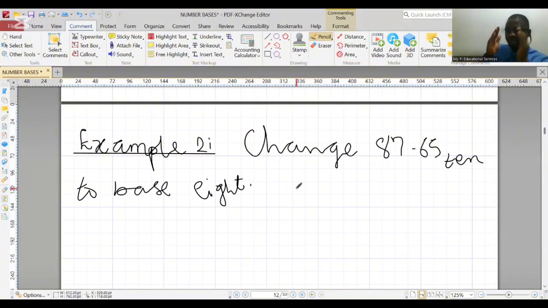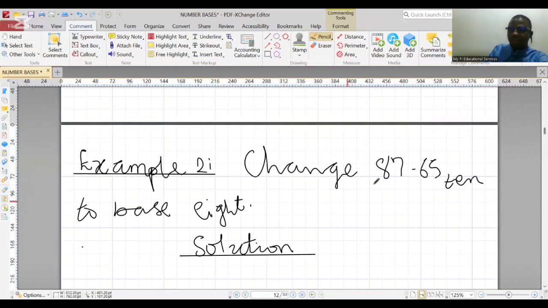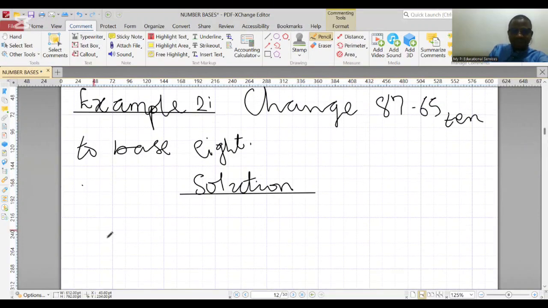Just like the first example, the first step is to change the whole part. Solution: change the whole part, that is 87, from base 10 to base 8.